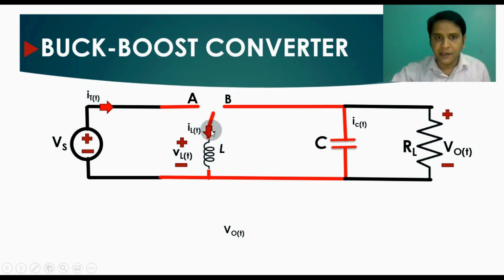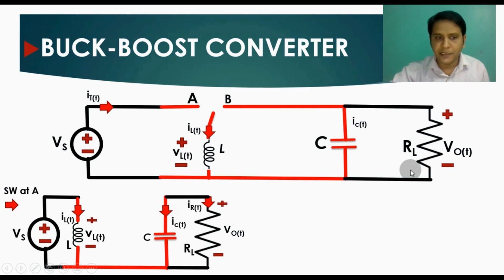Then we have inductor current iL(t), then we have voltage across inductor vL(t), then we have capacitor current iC(t), then we have load resistance, and then we have output voltage vO(t). Okay, now let us see when switch is at position A, that means switch is connected here.